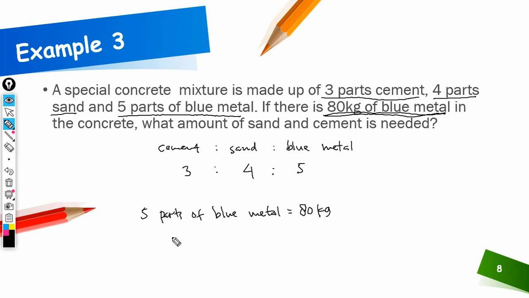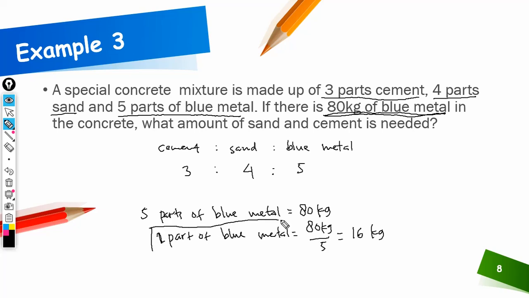Okay, so for one part of blue metal is 80 kilogram over 5, which is 16 kilogram. So one part is equal to 16 kilogram. The same thing happens for cement and sand. If you want to find what amount of sand and cement, just see their proportion.